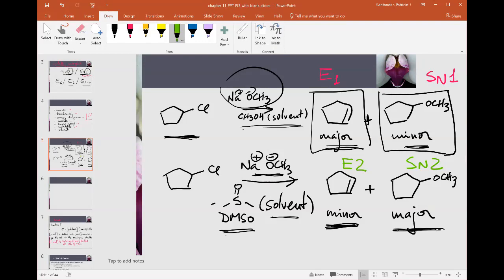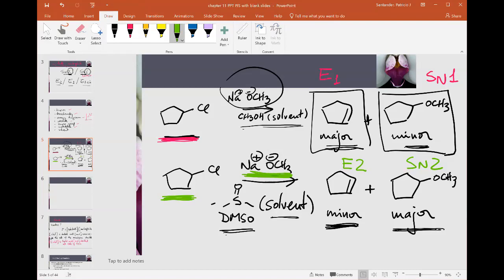And that reactant in particular is the substrate, right? The concentration of the substrate, that is what will determine the rate of the overall reaction. While in the second case, the rate of the reaction depends both on the concentration of the substrate and the nucleophile or the base. It depends on which reaction, which product you are looking at.